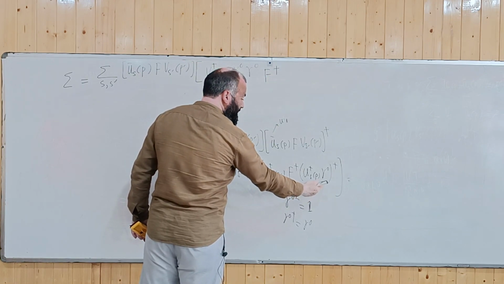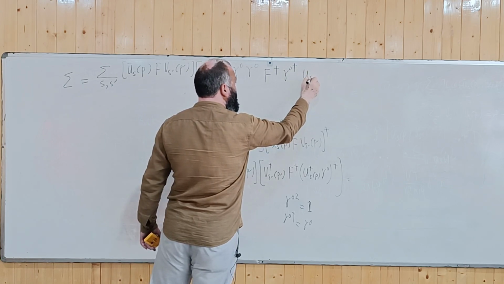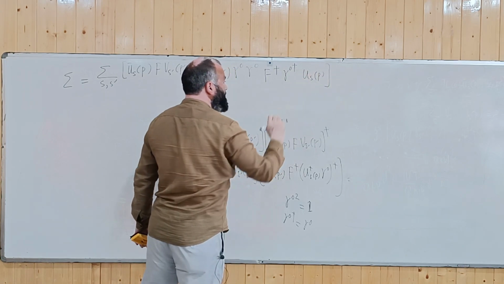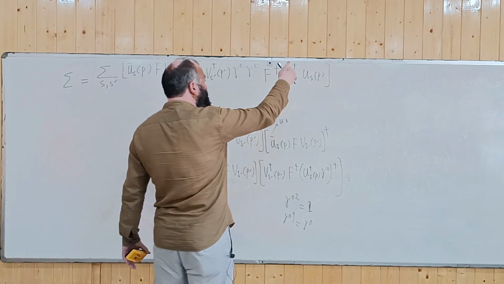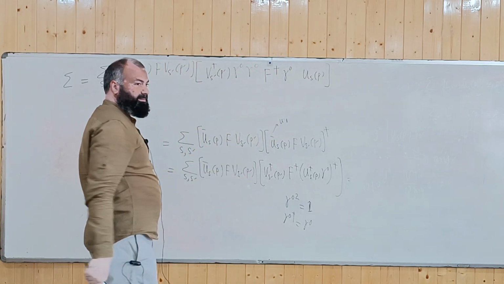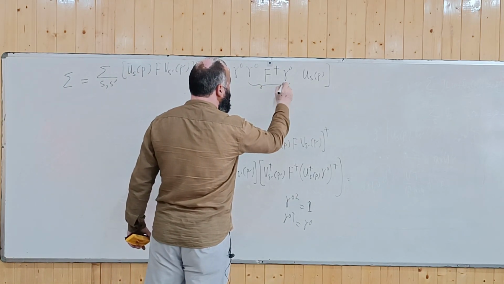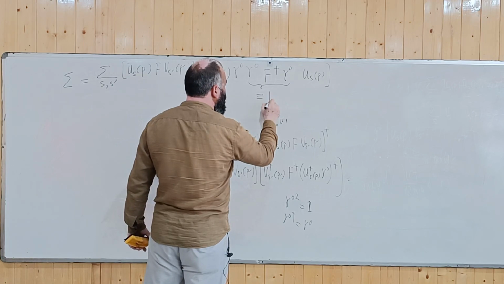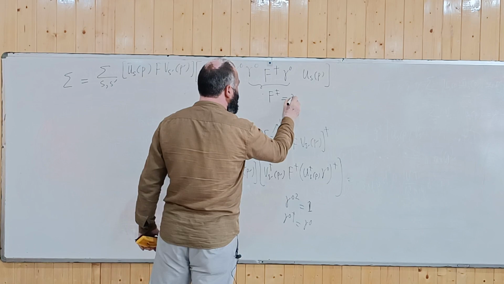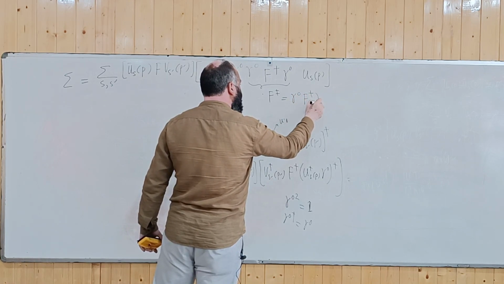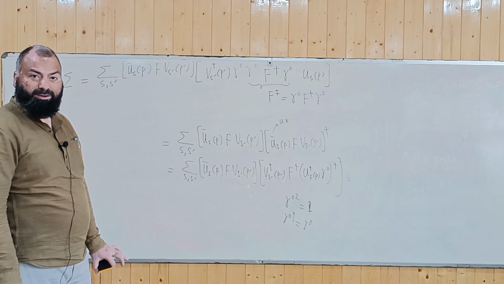Here this gamma naught dagger will come this way, then you simply have u_s. This gamma naught dagger is simply gamma naught. So I will use this very factor and define it as F double dagger. What I mean by that is F double dagger is gamma naught F dagger gamma naught. Everybody followed it?